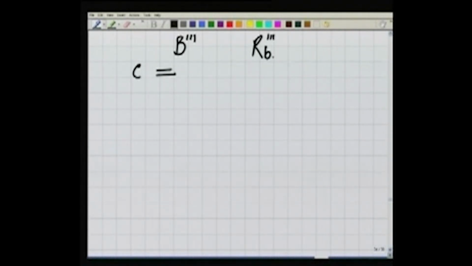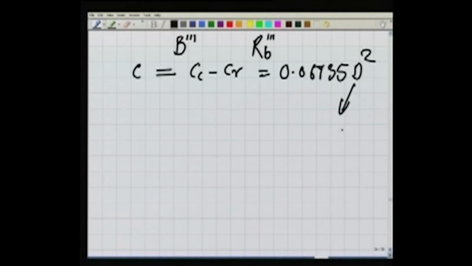I should apply some correction to this. So this correction will now be CC minus CR. If you compute it, you will find this value comes out to be 0.06735 d square. Again, d is in kilometer and this curvature correction is in meter.